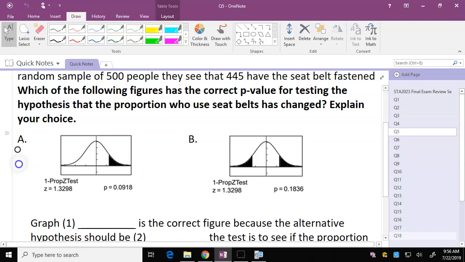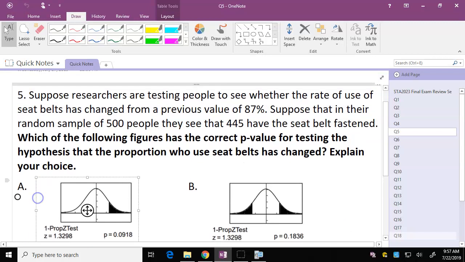So the question is, which picture below shows the correct p-value for this? So let's think about our hypotheses, because if we know what our hypotheses are, we know whether we are a one-tail, like part A, or a two-tail, like part B.